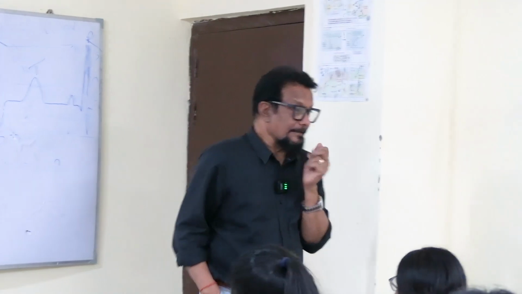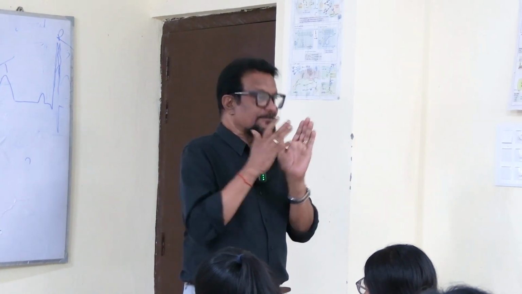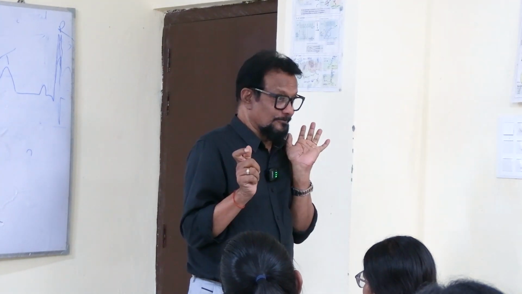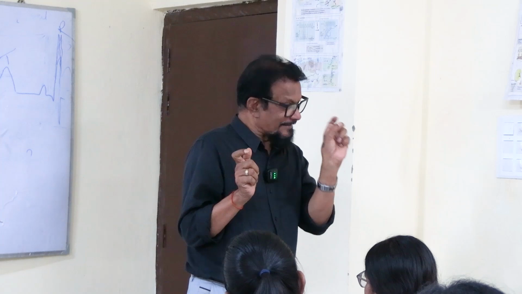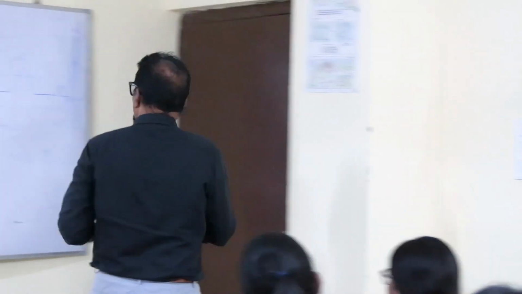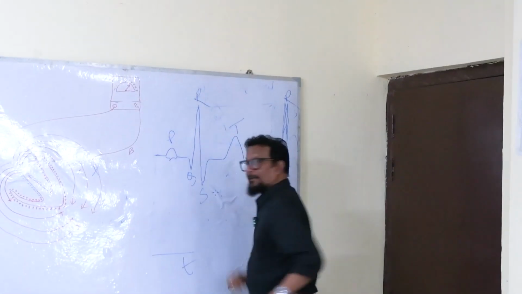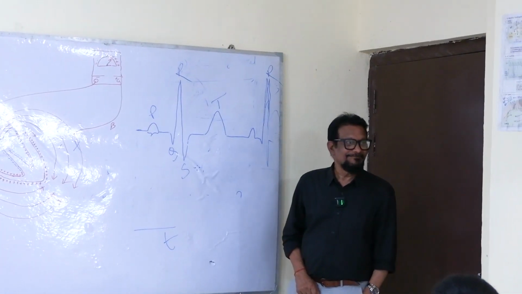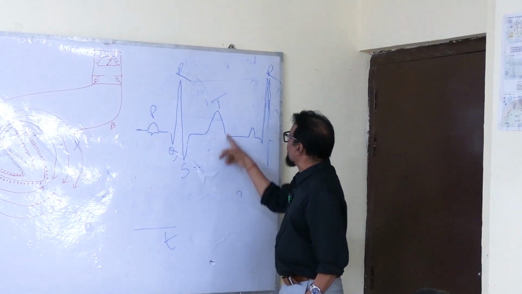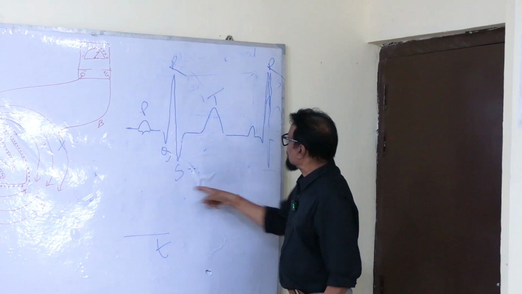Okay? Another is interval. What is interval? Interval means within the interval time, it will contain a duration also. Suppose QT interval, starting from Q and end of T. So this is called QT interval.